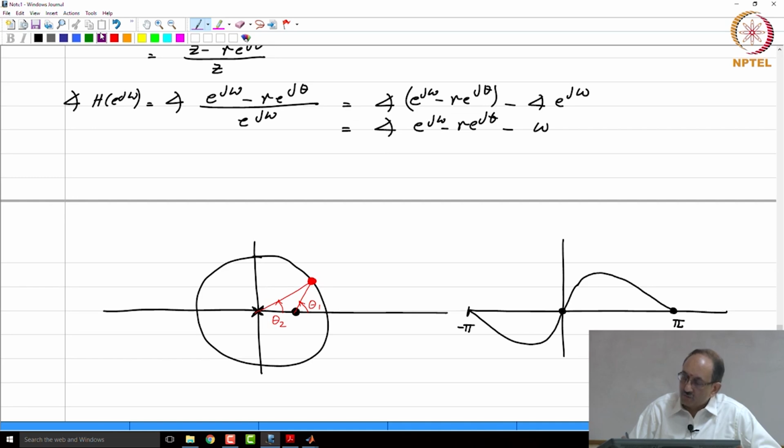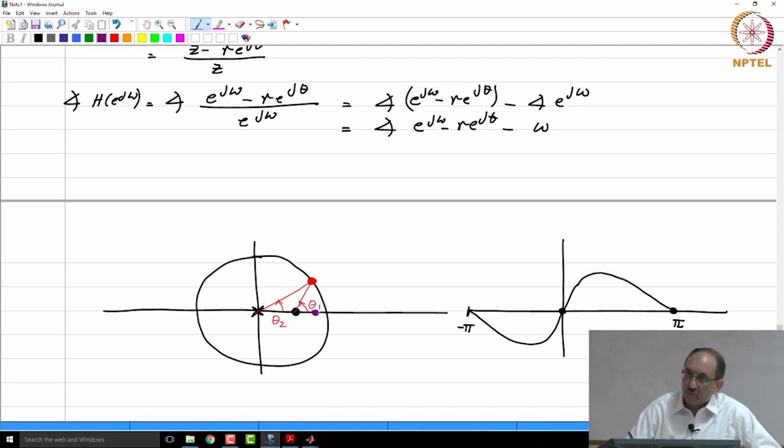Now, to get a further feel for what is going on, suppose the 0 is now closer than before, that is, compared to the earlier radius, we have a larger radius now. Again at omega equal to 0 and omega equal to pi, the phase response has to be 0, so nothing changes. But what does change is the rate at which the angle increases.